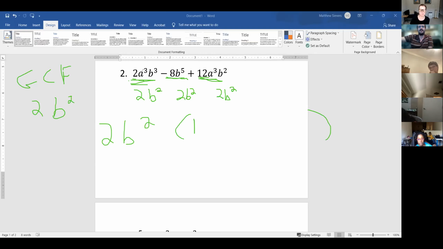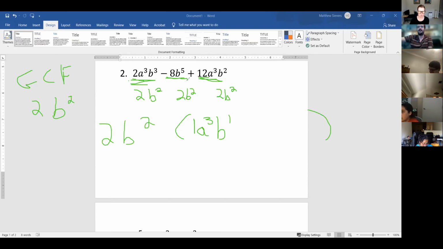We have an a to the 3rd. We're not taking out any a's, so how many a's are going to be left? 3. If we start with 3 of them and we don't mess with them at all, there's still 3 left. If we start with 3 b's and we take out 2 of them, how many are we going to be left with? 1.